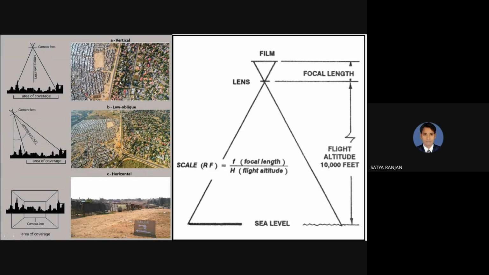The A photograph is the vertical photograph. Then low oblique photograph, picture B. Then C, there is a horizontal, totally horizontal photograph. So likewise, when we take photographs from different camera or mobile, it looks like this.